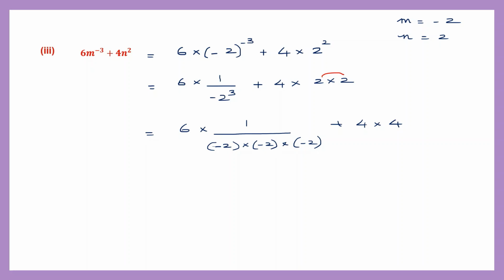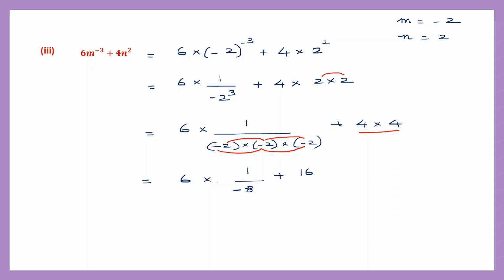Now here let's continue with this. 6 into, now let's work out this. Minus into minus is plus. Plus into minus is minus. So we have 1 in the numerator and in the denominator we have minus. Let's multiply the numbers. 2 2s are 4, 4 2s are 8. So that is minus 8 plus, now here what do we have? 4 into 4. 4 4s are 16.